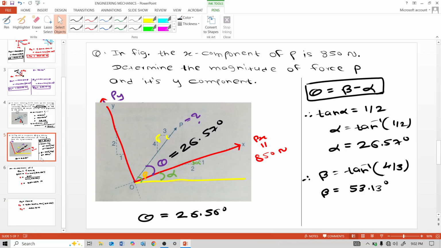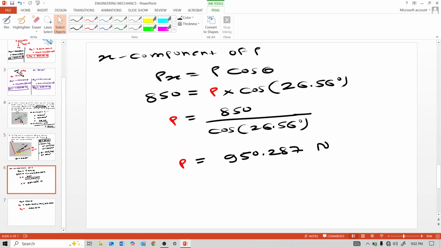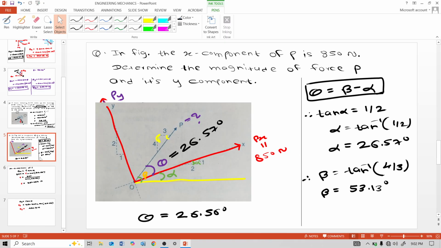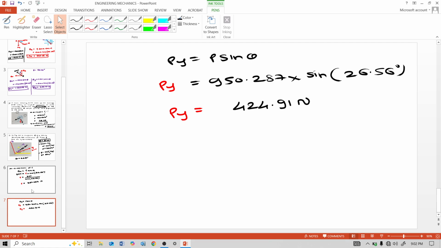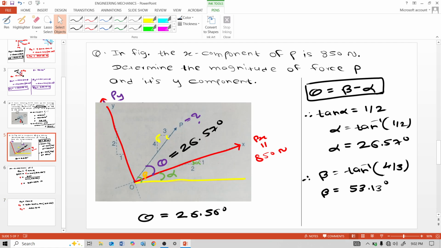So both our objectives are completed. Determine the magnitude of force P: this magnitude of force P is 950.287 Newton, and its y component is 424.91 Newton.